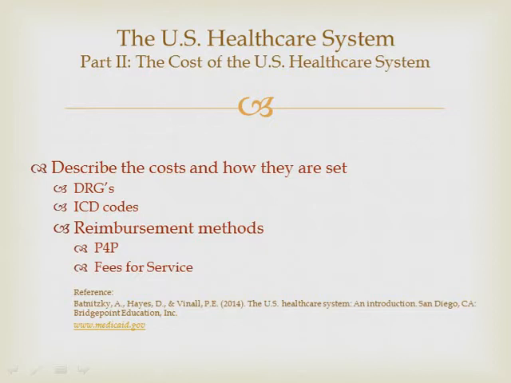Another form of costs is the ICD-10 or the diagnosis code. This is an abbreviated way to refer to a classification of diseases, and it's an internationally recognized method and a CMS mandate.